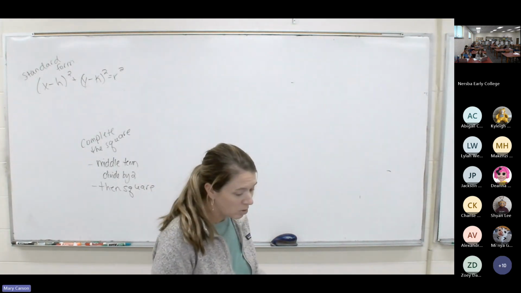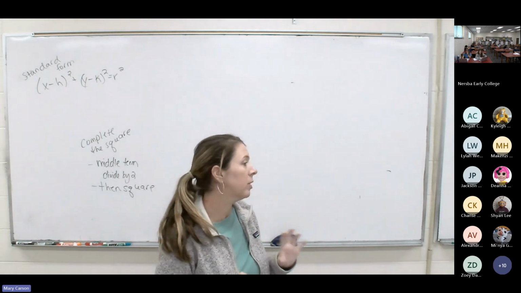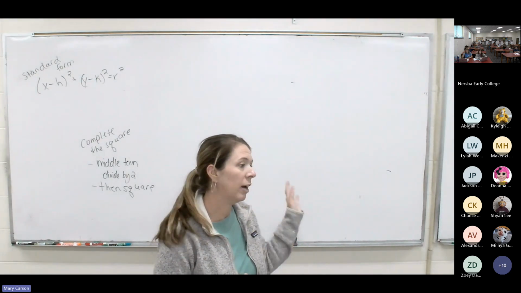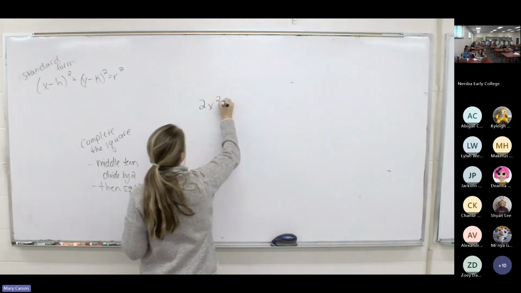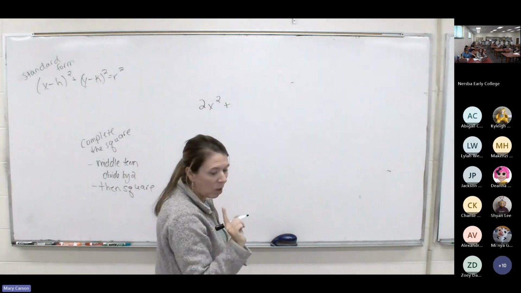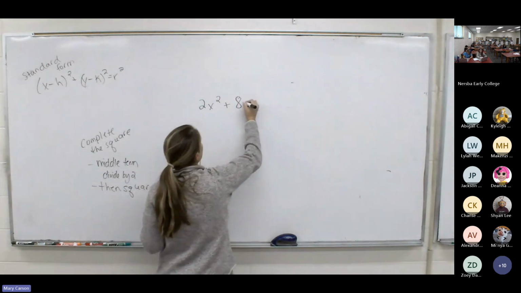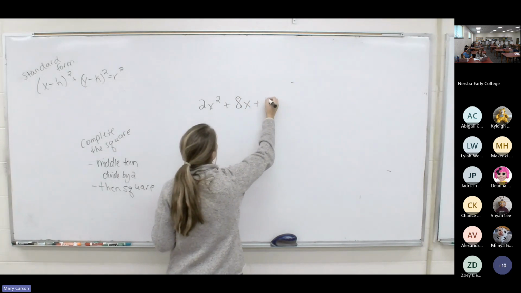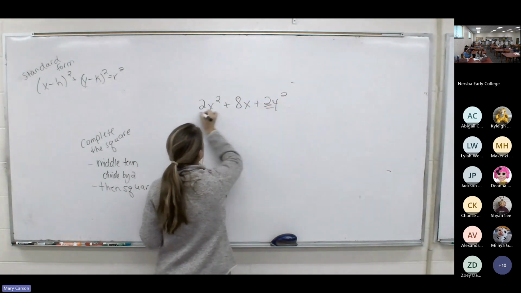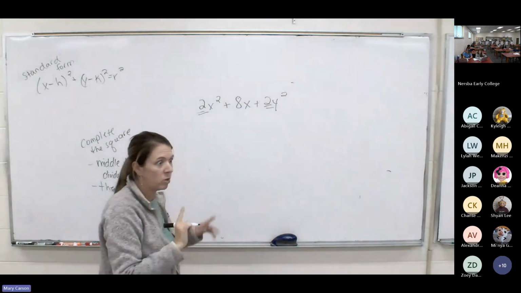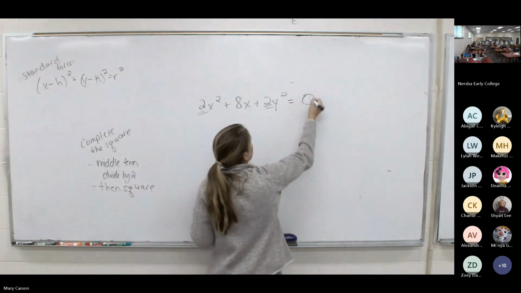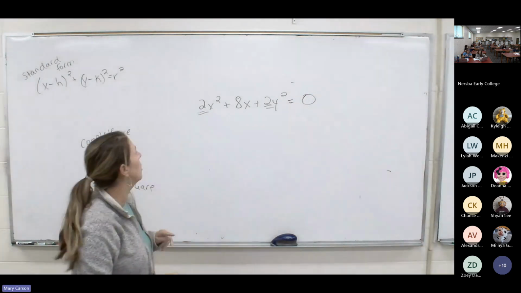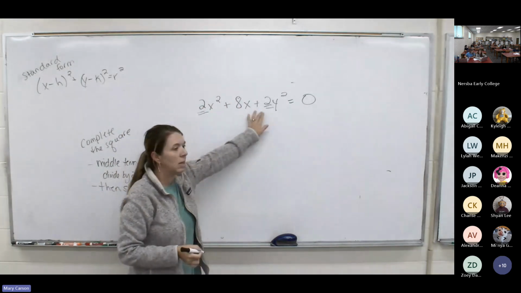All right, now I will also say, if there's a number in front of the x squared, you're going to have to get rid of that first. So for example, I'm going to give you guys this one, 2x squared plus. And also if it is a circle, which we are doing, they're always going to have the same number, same sign.